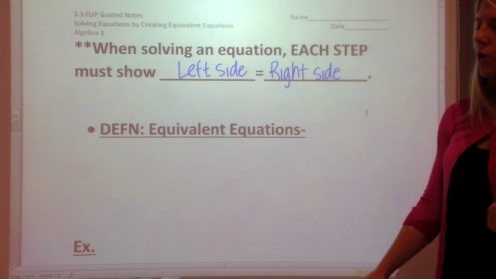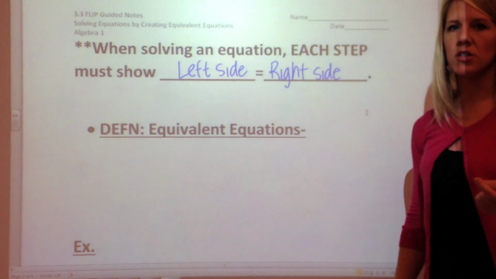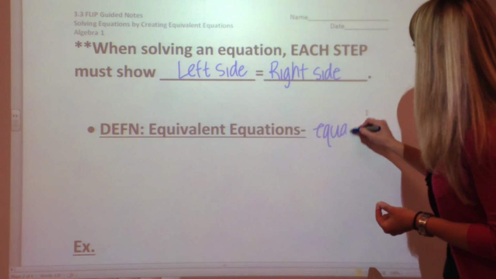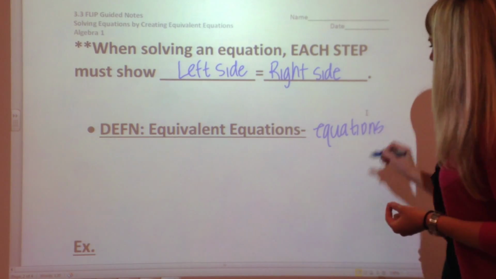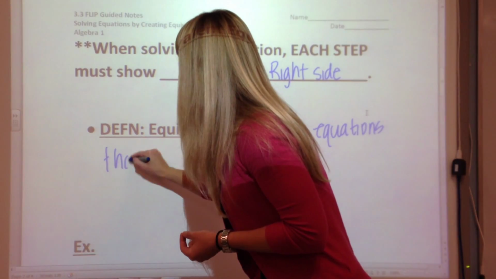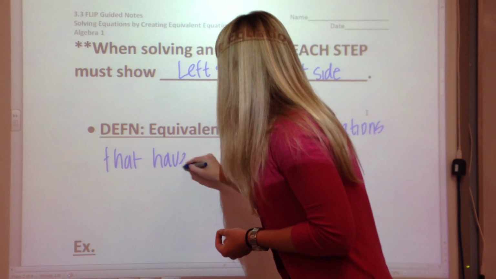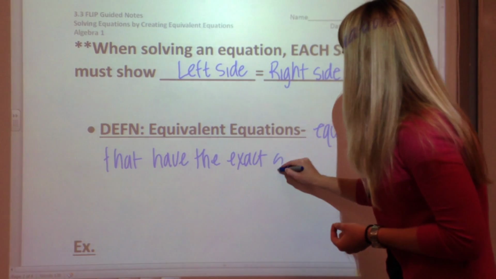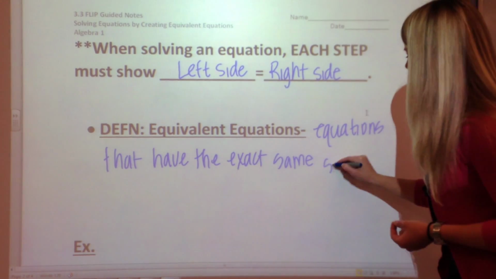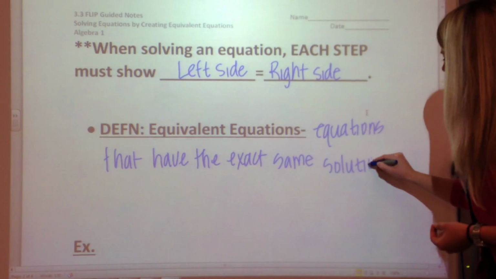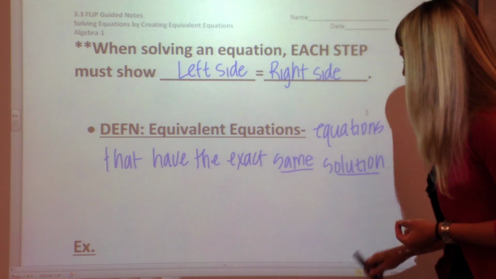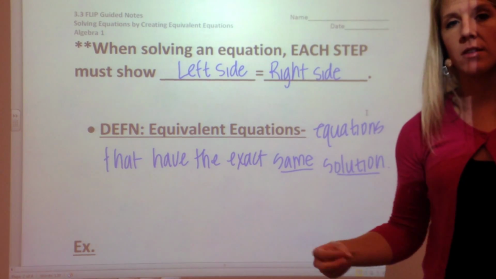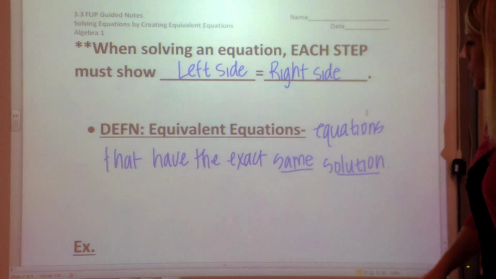So what are equivalent equations? Equivalent equations are equations that have the exact same solution. So we know two equations are equivalent when we plug in a value and we get the same outcome, the same output.